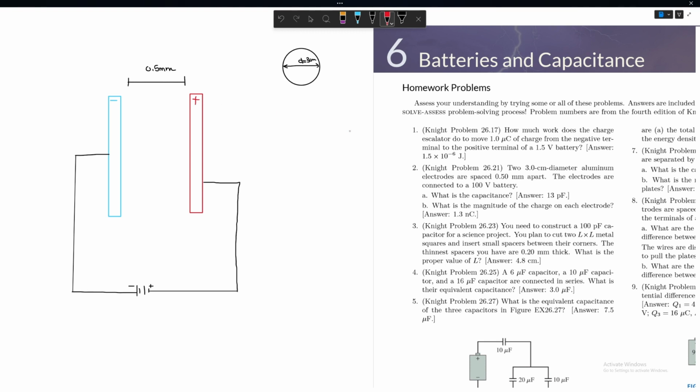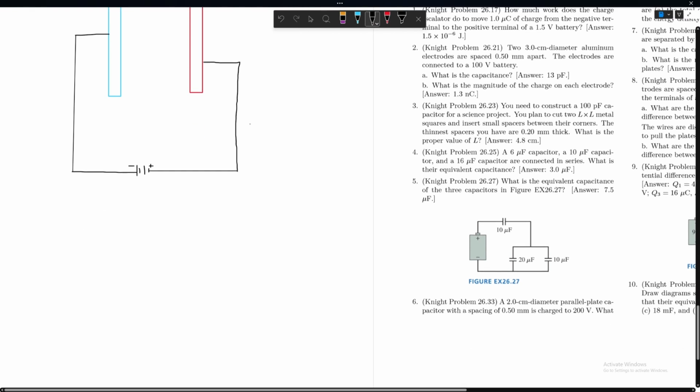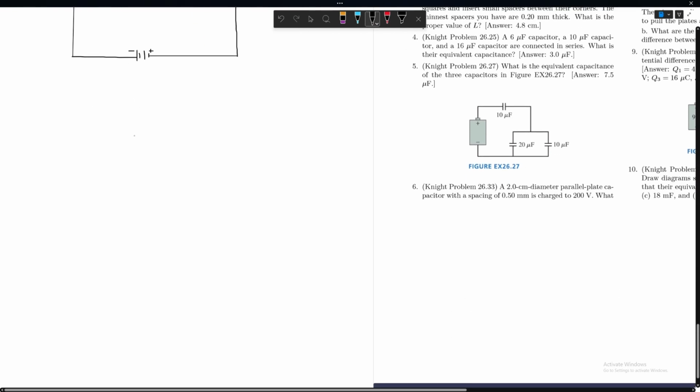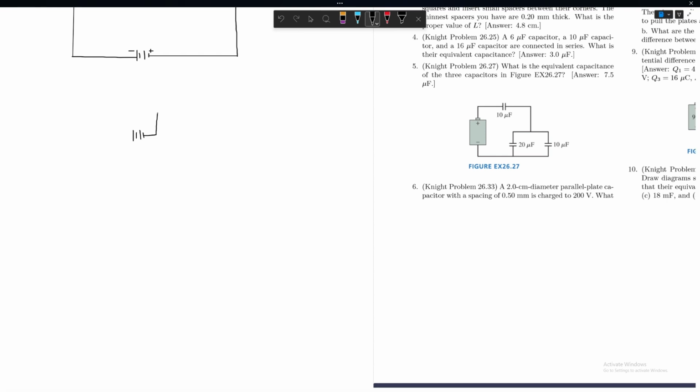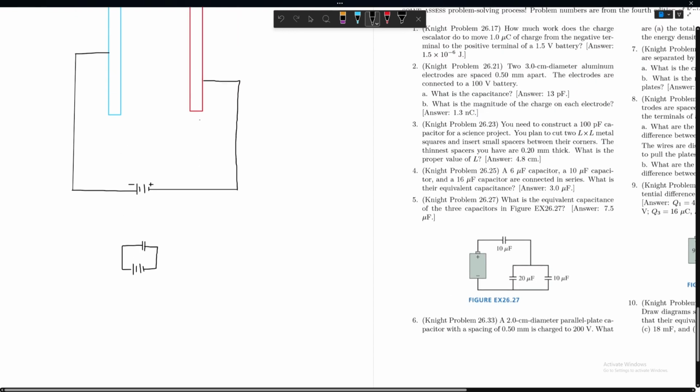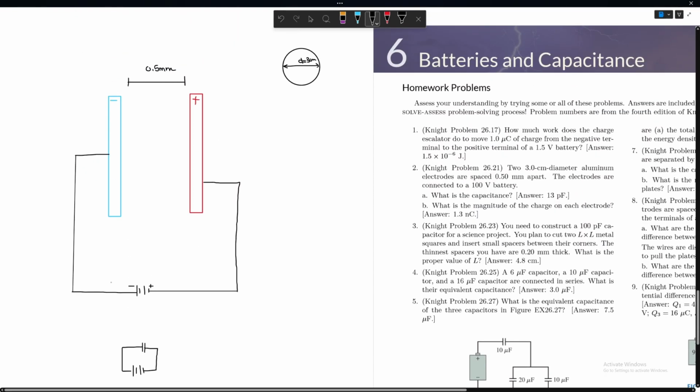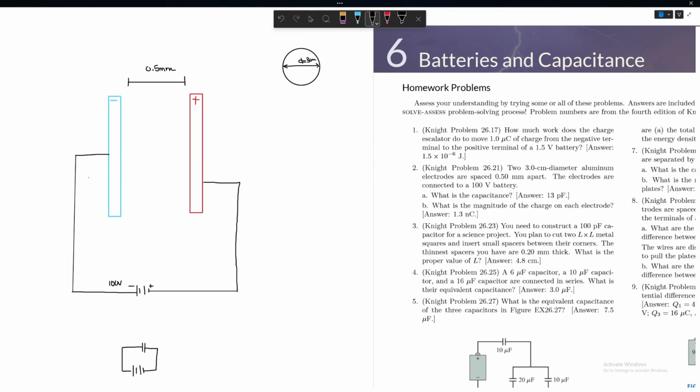And what is it asking? What is the capacitance? So if I write this in a simpler circuit, you would just get, that's what it would really look like. And so the capacitance in my circuit, well, I have a couple equations to choose from. Do I have voltage? Yes. So the voltage that I have here, which is stated to be 100 volts, well, that's the same voltage here.